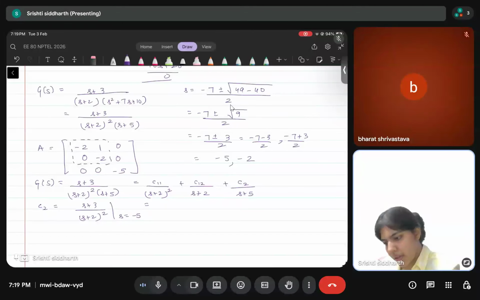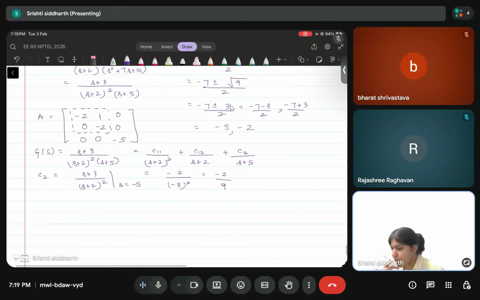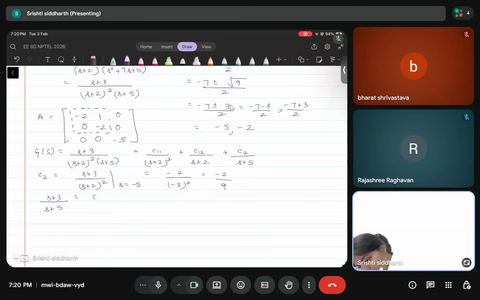So this is simply minus 2 over minus 3 squared, which is minus 2 over 9. Okay, now let's see, if we multiply both sides by S plus 2 squared, we get S plus 3 over S plus 5 equals C11 plus C12 times S plus 2 plus C2 times S plus 2 squared over S plus 5.